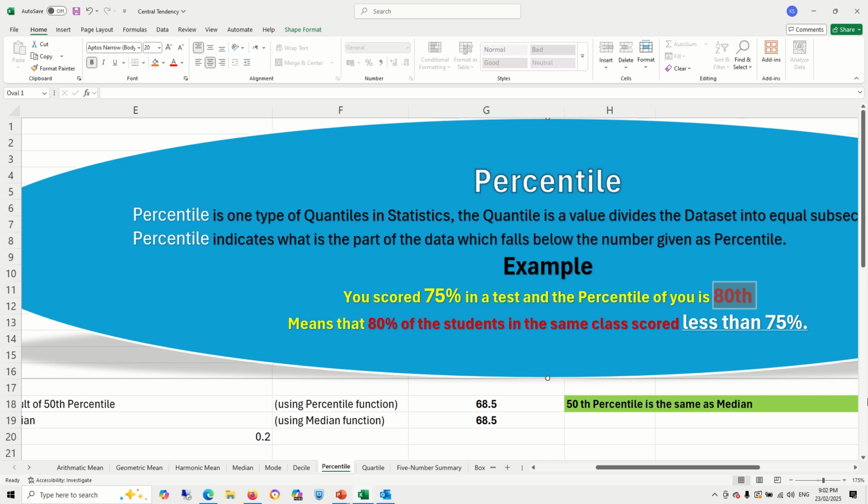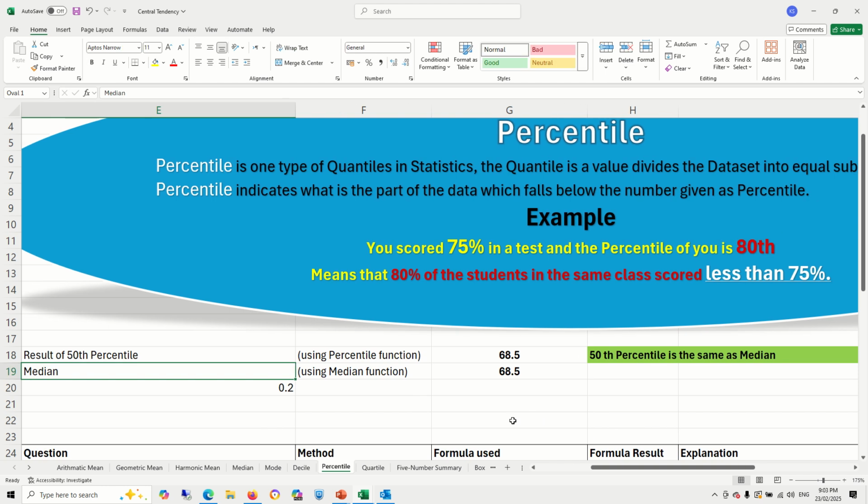But if you got, for example, 90% in a test, and the percentile of your result is the 70th percentile, that means that 70% of students got below 90%, while 30% of students got above 90%. That might mean that the test was sort of easy.